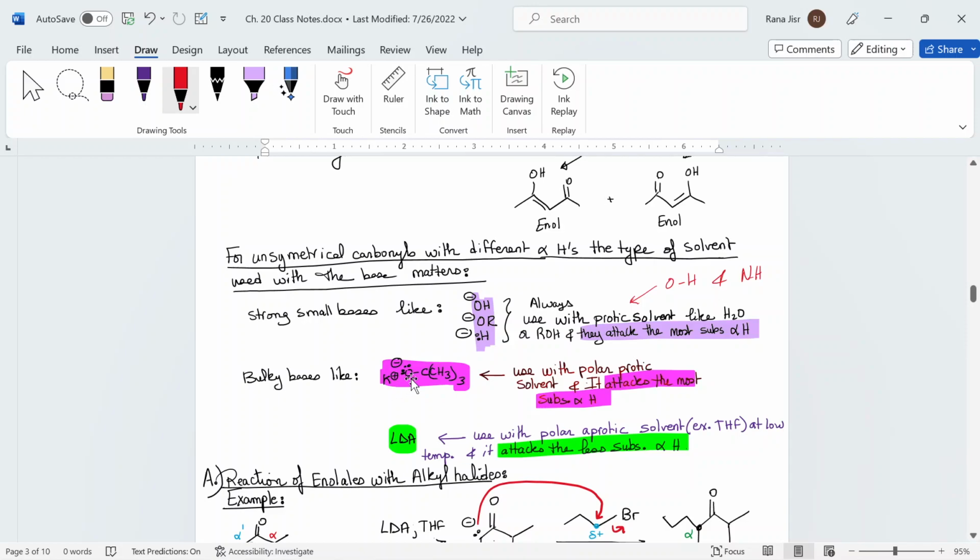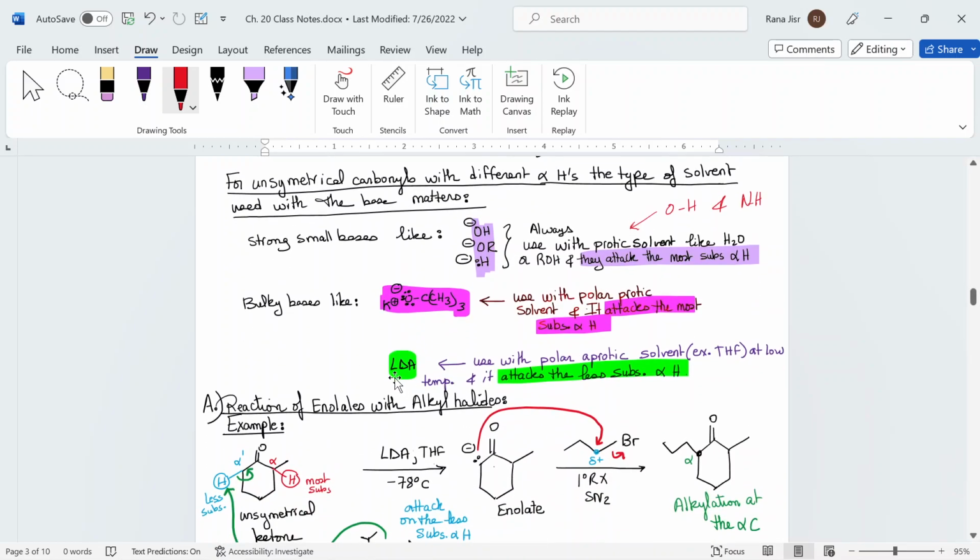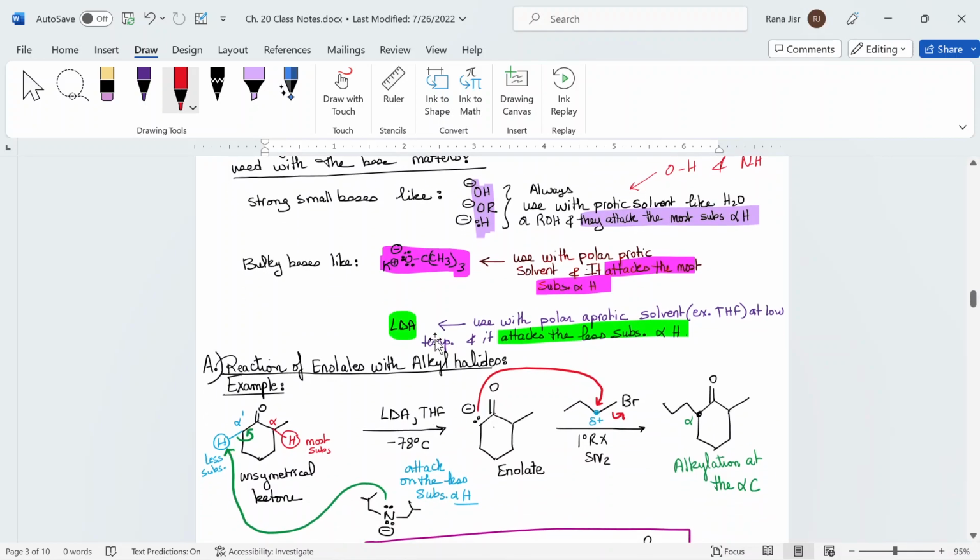Bulky bases are two types, oxygen base and nitrogen base. For nitrogen bases, those are going to work with an aprotic solvent like acetone, like THF, and they're going to attack the less substituted alpha hydrogen. Normally, LDA works at a low temperature.